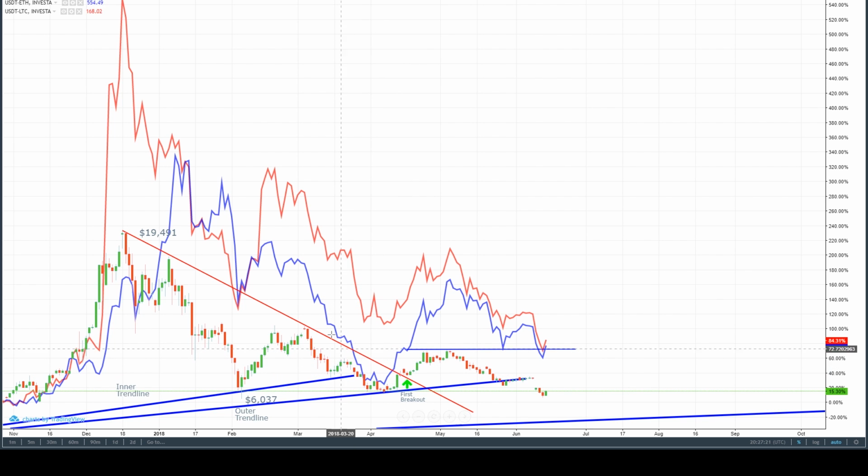This will tell you that although, for example, here we had a rise in ETH and Litecoin was going down, it was 230 and ETH was at 300% at that time.